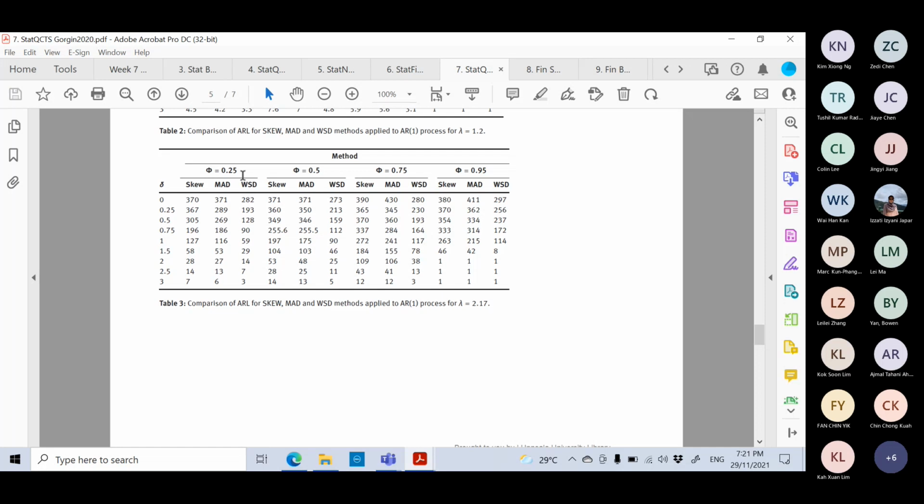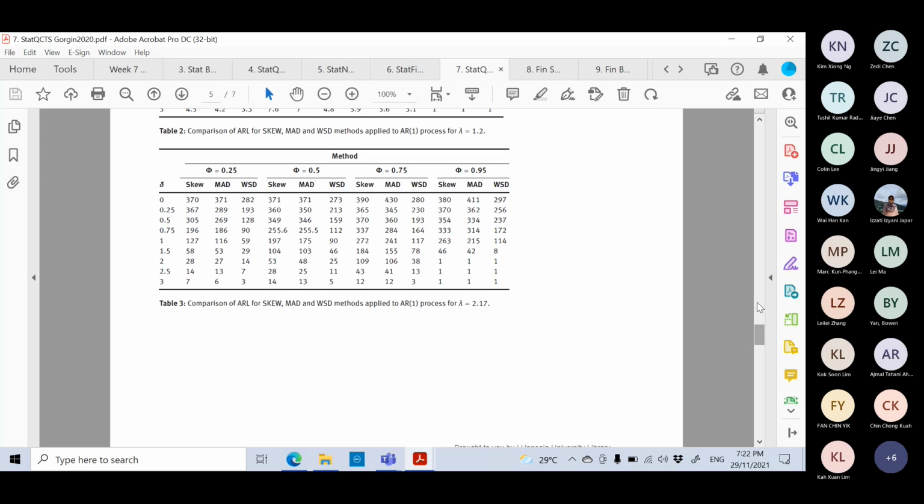Under phi equal to 0.25 and so on. So in this paper, they gather quite a number of pieces of information. One is a robust statistic. Another one is you need to know what is meant by the time series autoregressive of order one. And the third one, you need to know about the distribution.